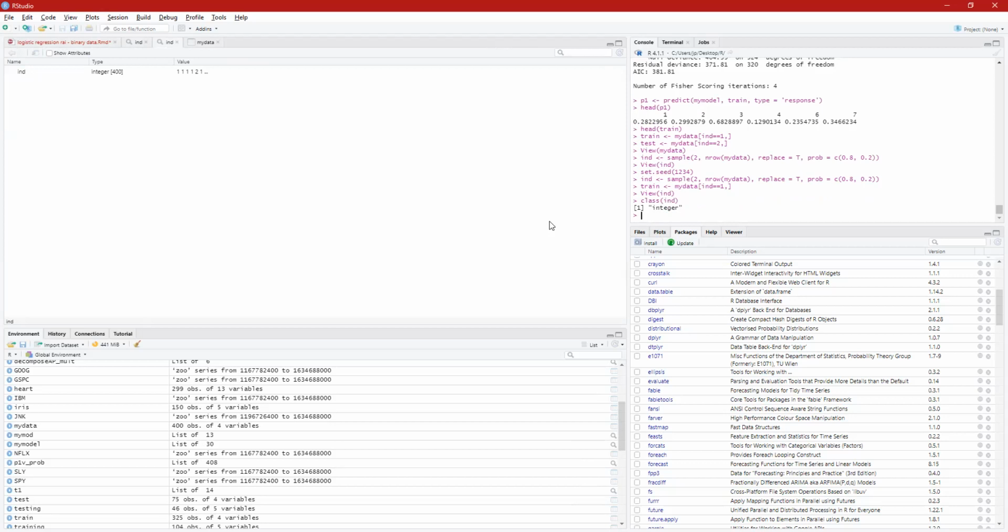Integer. Length nga, length ng ind. Length. 400 siya. Tama, 400 eh. Tama, yes. Tama. 400. But it's not showing us. Oo nga, no? Like this. Pag click mo yung, sige.